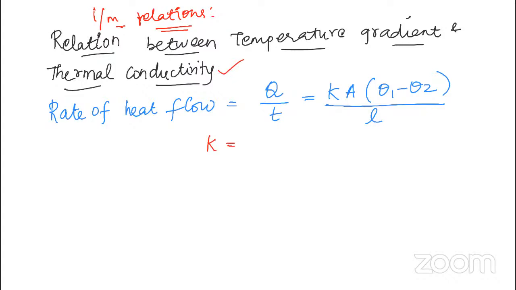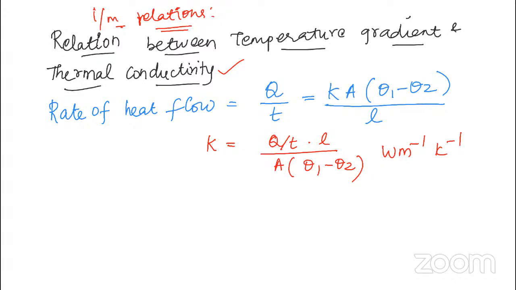So K mattum namakku venum appadina, Q by T into L divided by A into theta 1 minus theta 2. It is what? Meter power minus 1, Kelvin power minus 1. Okay, so here what is meant by that theta 1 minus theta 2 into L?